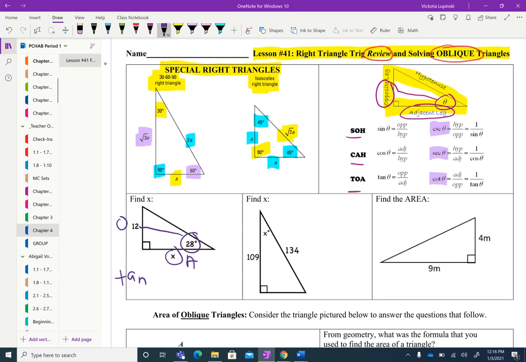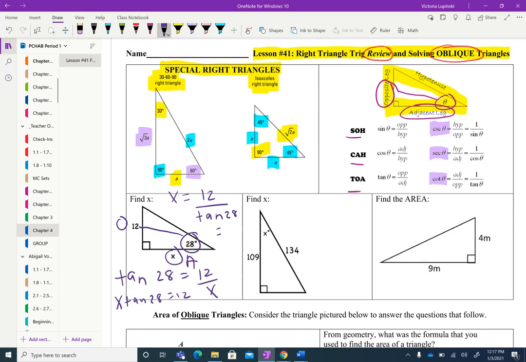So the tangent of 28 is equal to the opposite 12 over the adjacent x. You would then go ahead and start by cross multiplying. So you would get x times the tangent of 28 would be equal to 12, which means that x would be equal to 12 divided by the tangent of 28.